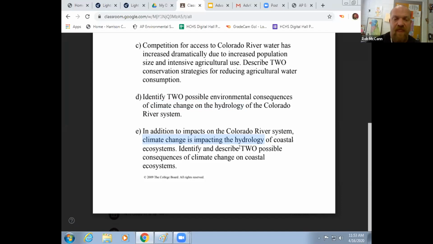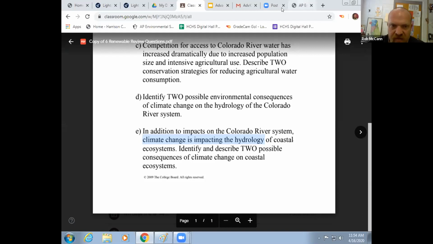Now we're talking about increased precipitation, which is going to cause flooding, which could cause saltwater intrusion. Saltwater in coastal ecosystems could intrude the freshwater biomes of swamps and marshes and whatnot, okay? Or you'd say increased temperature increases the rate of evaporation, which is going to cause more coastal water to do the whole saltwater intrusion thing again, okay?